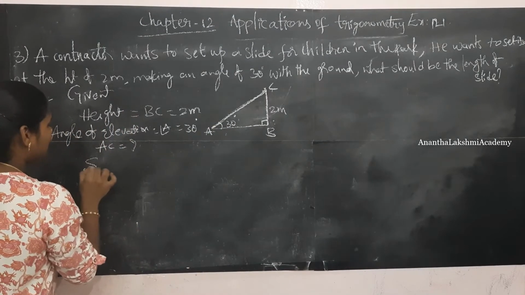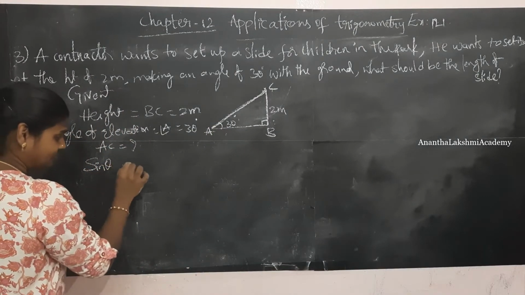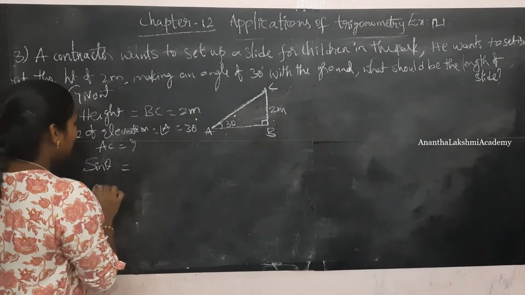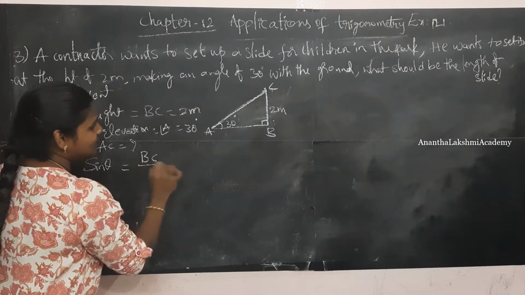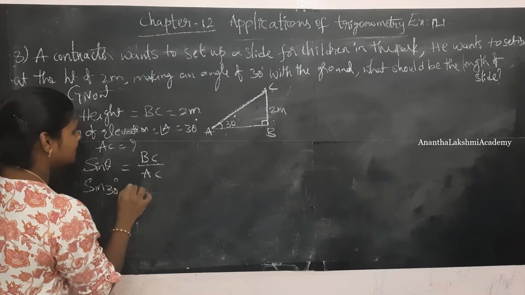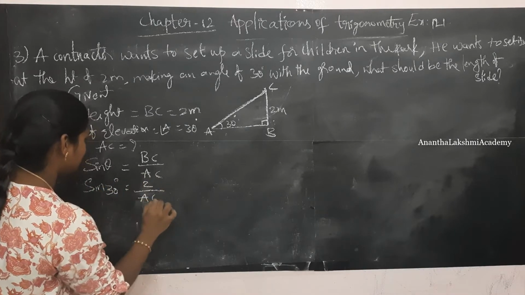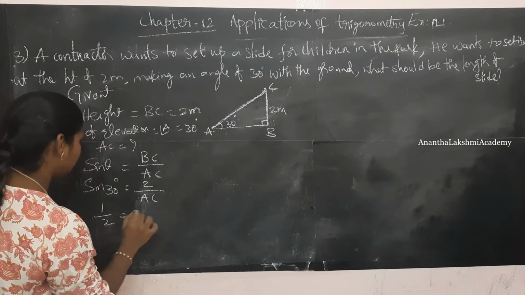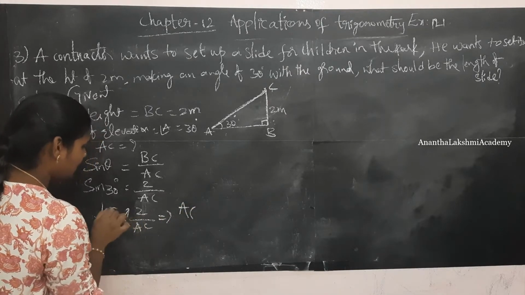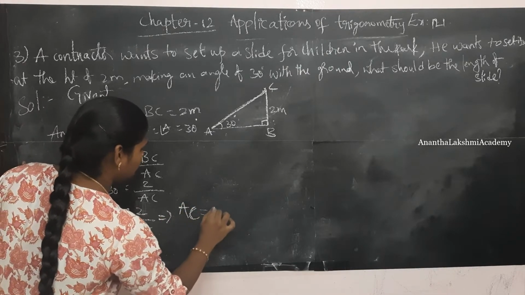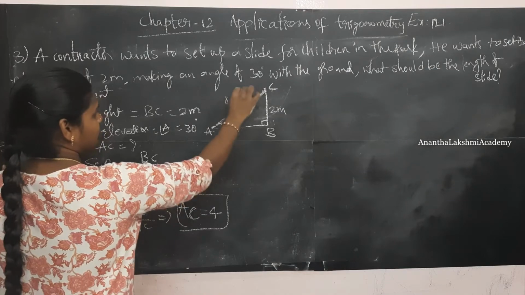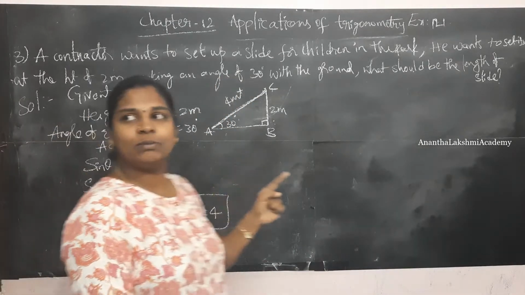Are we aware of any trigonometric ratio which deals with the opposite and hypotenuse? Sin theta, right? Sin theta is equal to BC by AC. So sin 30 degrees is equal to 2 by AC. Sin 30 is 1 by 2, equal to 2 by AC. If you cross multiply, AC becomes 2 multiplied with 2, which is 4. So what should be the length of the slide? 4 meters. Alright, that's about problem number 3.